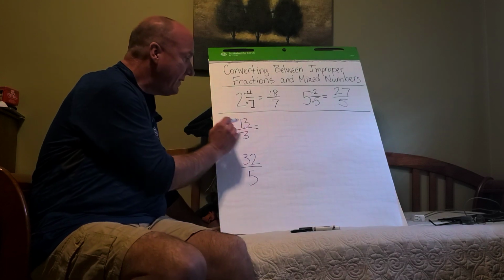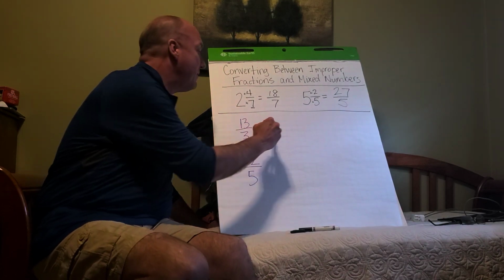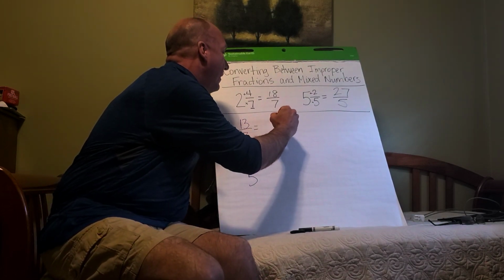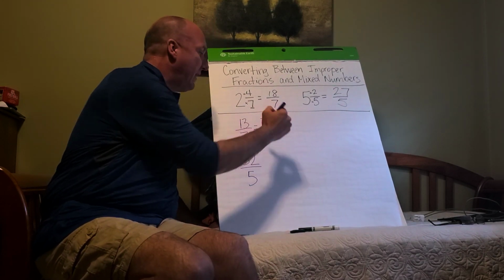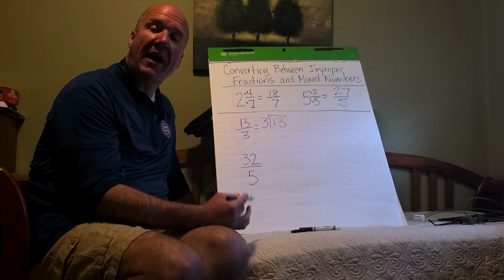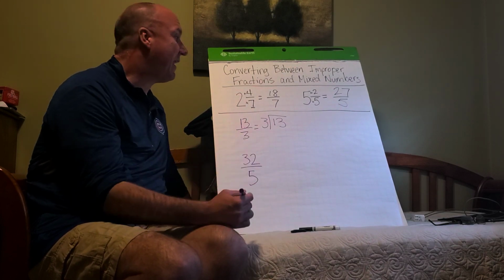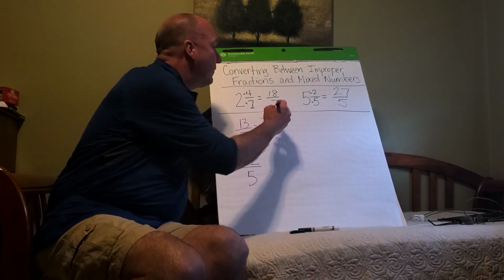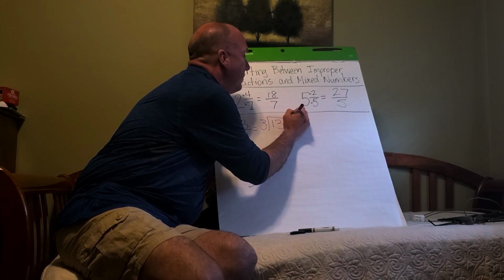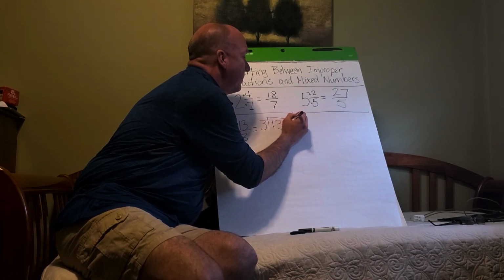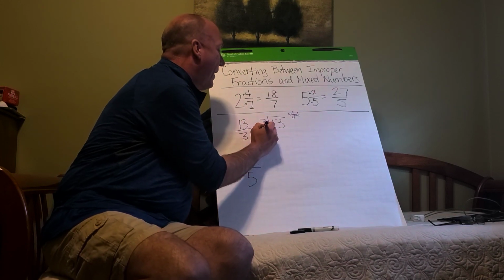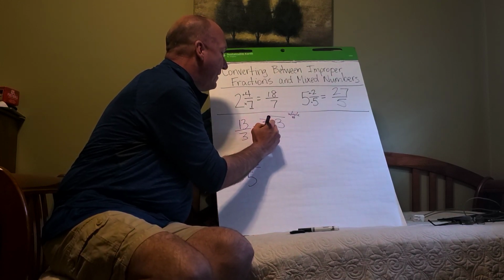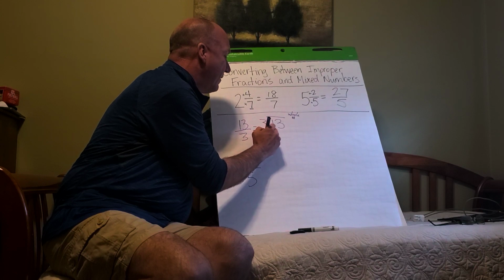So I will just simply take the numerator, the top number, and I will divide it by the denominator, in this case 3. And when I divide here, I'm going to get everything that I need for my mixed number. The quotient here will be the whole number. The remainder will be the numerator, while the divisor will be the denominator.